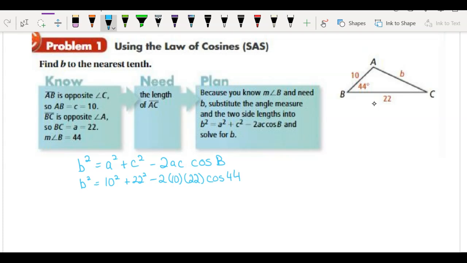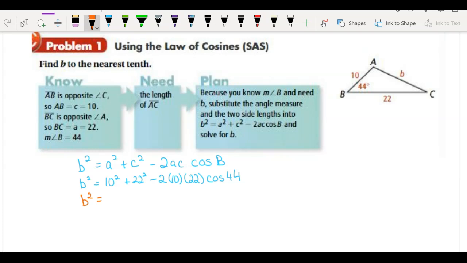This looks ridiculously complicated, but all we have to do now is plug this into our calculator. I'd like for you to pause and enter this in your calculator, and once you have what all of this is equal to, resume.